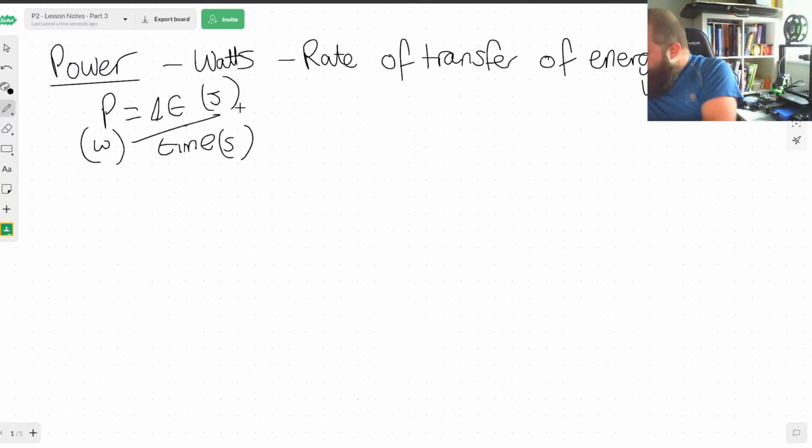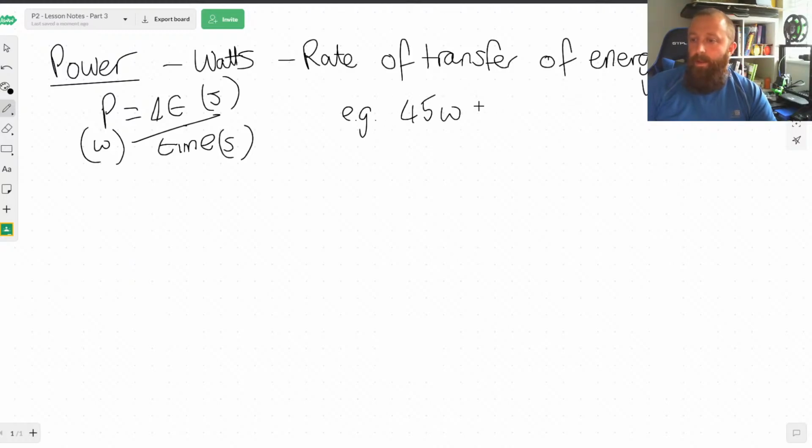That means every second that my laptop charger is charging my laptop, it is using 45 joules of energy per second. So we can put this down as an example: we're using 45 joules of energy per second.